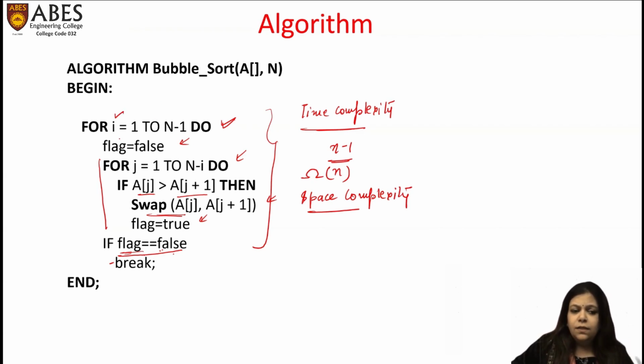And in the optimized algorithm, we have taken a false flag, then we have taken a j, and we may require another variable to swap the values of a[j] and a[j+1]. So we can see that only 4 variables are required. So we can say that the space complexity is constant and it can be represented by theta 1.